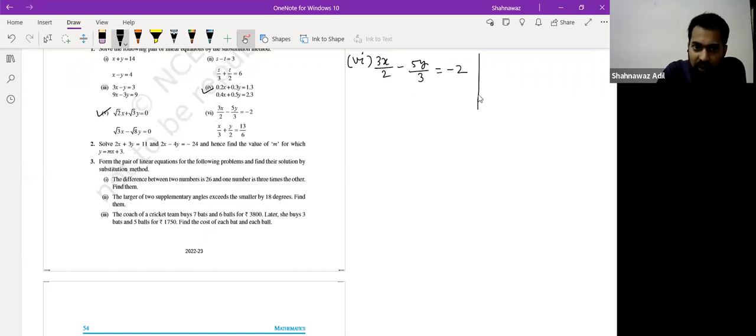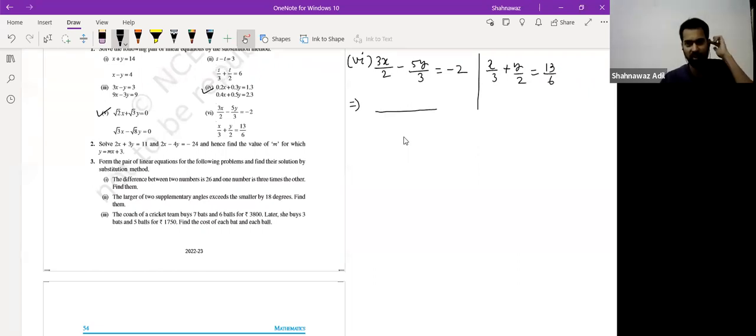And the second one is what? So first take the LCM of this. So 2, 3, what will be the LCM, Adil?